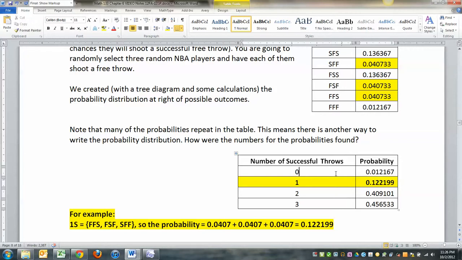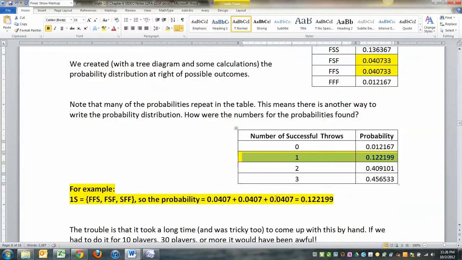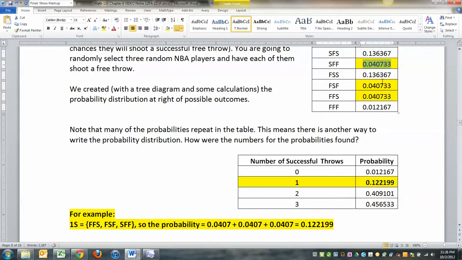All right, so this is the same table. I know it doesn't seem like it, but it is. You could have 0 successes. That's right down here, right? 0.012. You could have 1 success, and I highlighted that one in yellow so you could see it. 1 success was fail, fail, success, fail, success, fail, and success, fail, fail. It was these 3 that I highlighted in yellow right there. See them?